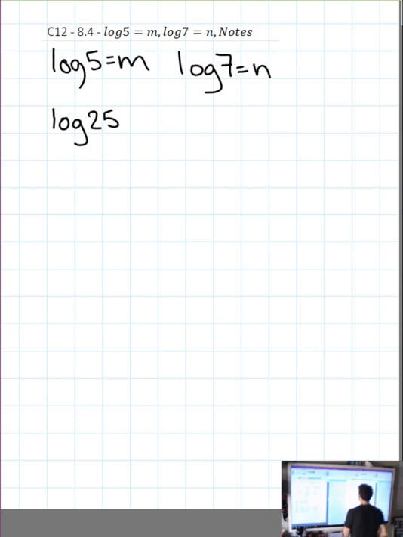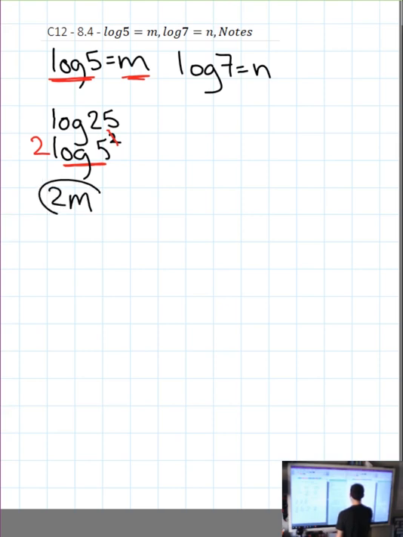Well, I know that 25 is 5 squared, so I'm going to replace 25 with 5 squared. Now, rule number 2 says I can cross off my exponent and bring it down in front. Now, I already know that log 5 is simply equal to m, so I can replace log 5 with an m and carry everything else down. The answer is just 2m.